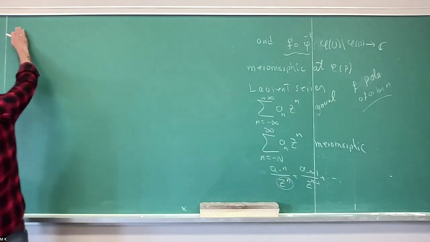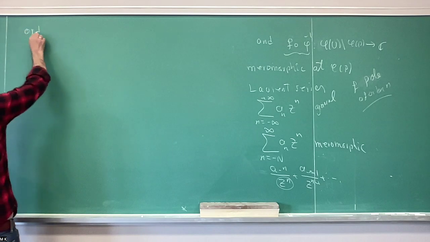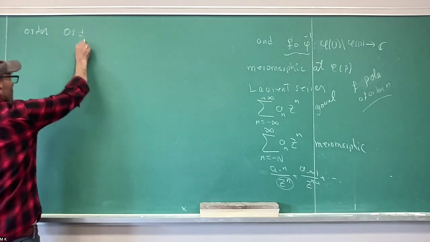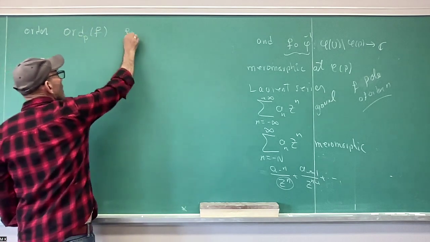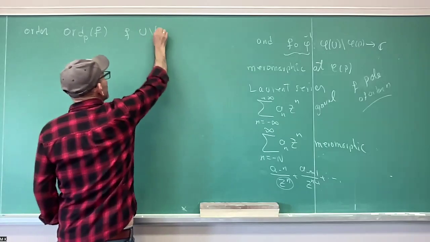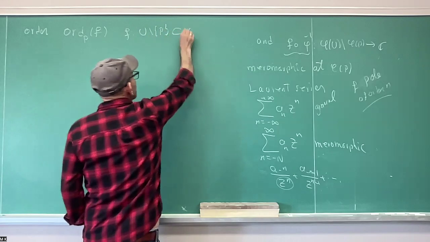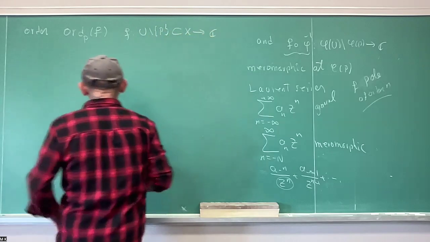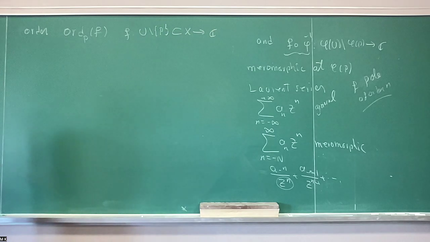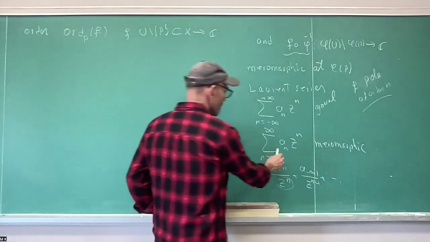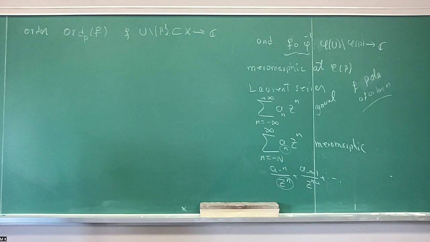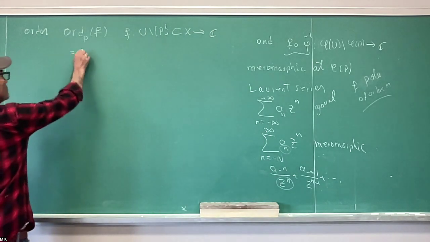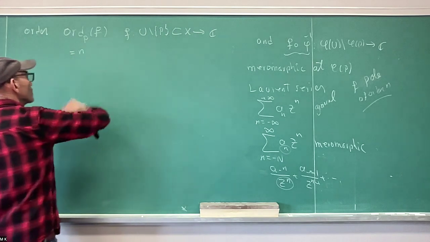So, F goes from U minus P, which is inside X, to C. This number n, the smallest index for which a_n is different from 0, is called the order of the function.